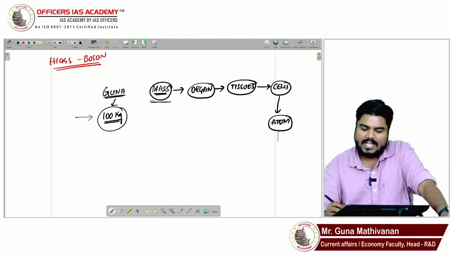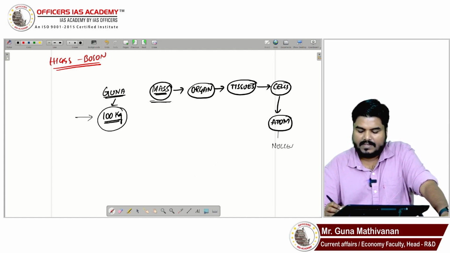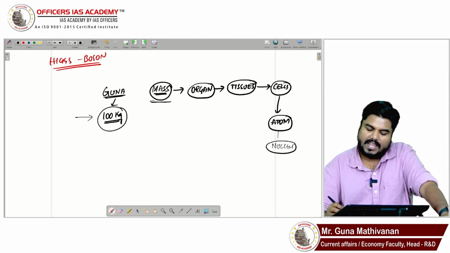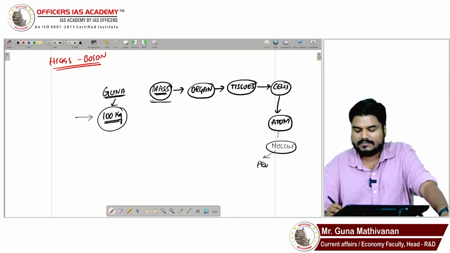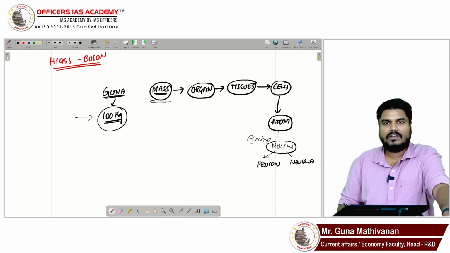It has the nucleus. If you break that, you will have proton, neutron, and also electron. Surrounding the nucleus, electrons will be revolving around, we all know.